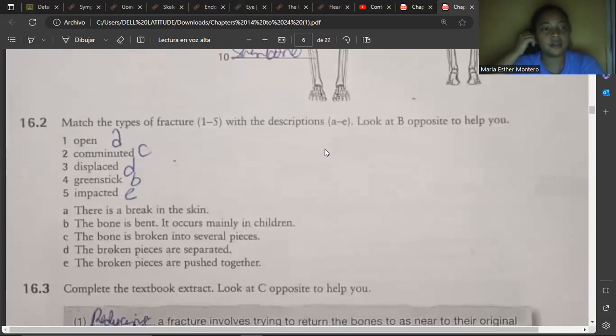Exercise 16.2. Match the types of fracture 1 to 5 with the descriptions A to E. Look at B opposite to help you. Open: there is a break in the skin.